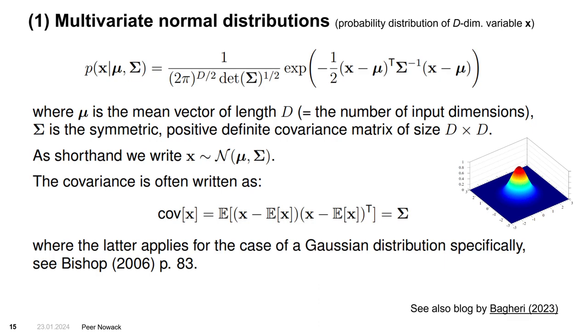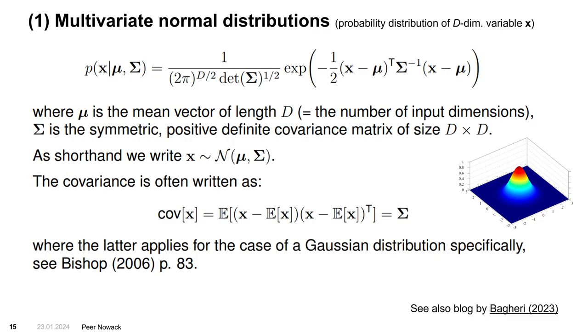As a shorthand notation, we often just use this normal distribution N and in brackets the mean vector of dimension d, and the covariance matrix of dimensions d times d. And for the Gaussian distribution, the covariance is just equal to this variance matrix.